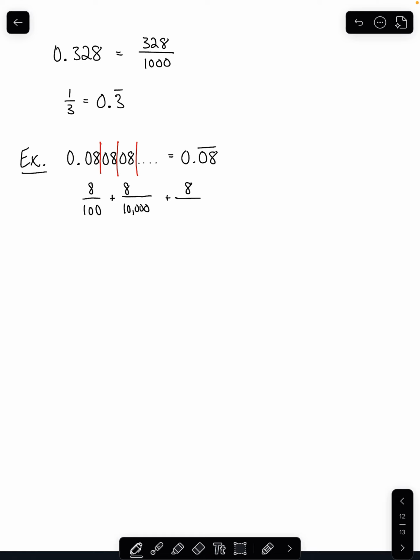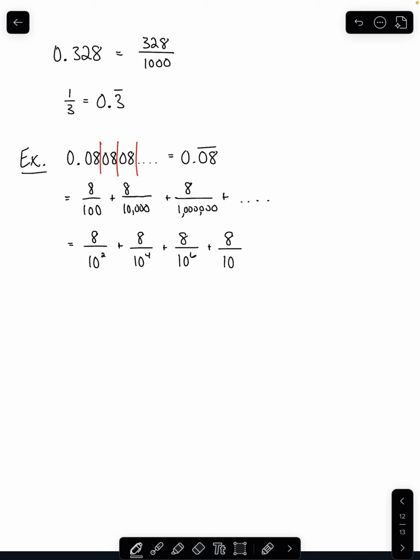The next 0.08 has an 8 in the 1,000,000th place. Etc. Now, this may not look like much until we realize that each denominator is a power of 10. 100 is 10 squared. 10,000 is 10 to the 4th. 1,000,000 is 10 to the 6th.